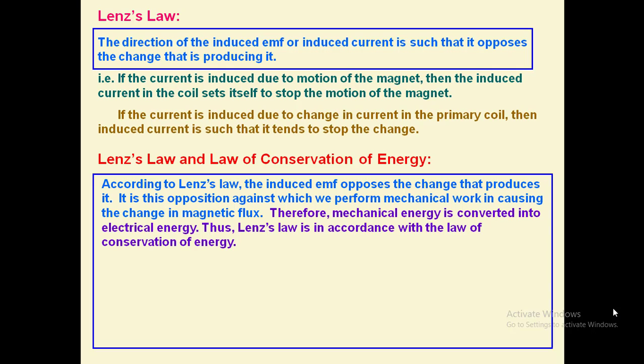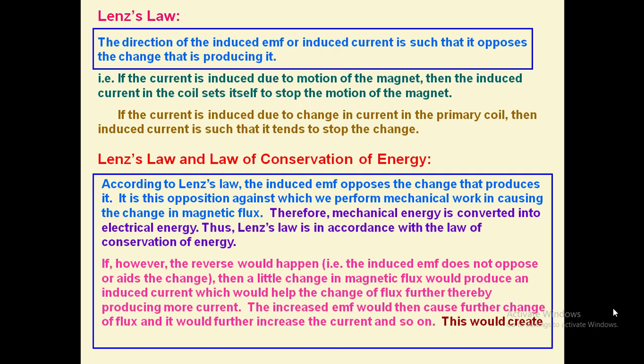Thus, Lenz's law is in accordance with the law of conservation of energy. If, however, the reverse would happen, that is, the induced EMF does not oppose but aids the change, then a little change in magnetic flux will produce an induced current which would help the change of flux further, thereby producing more current.